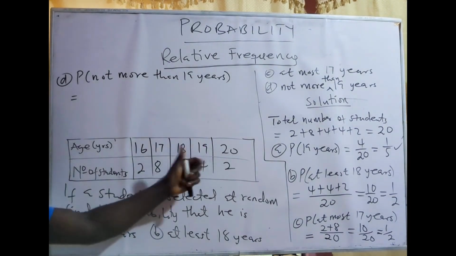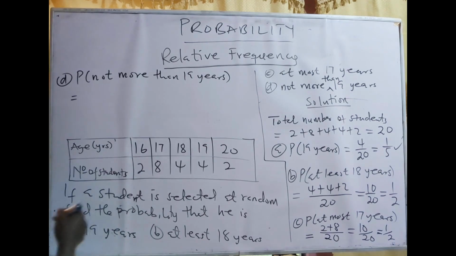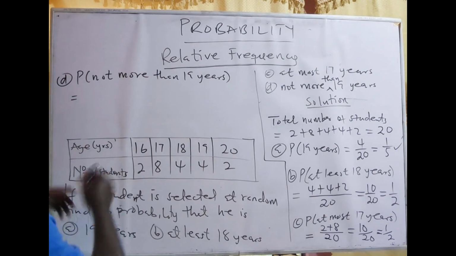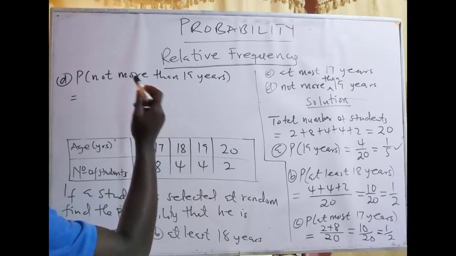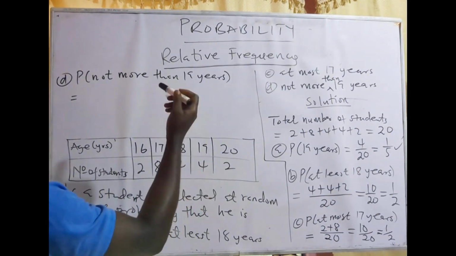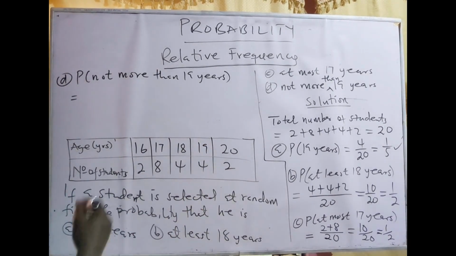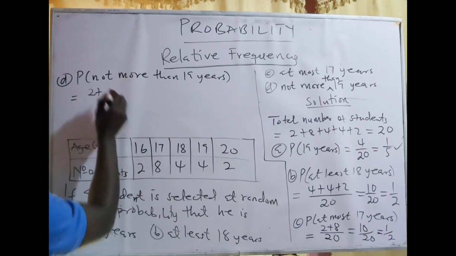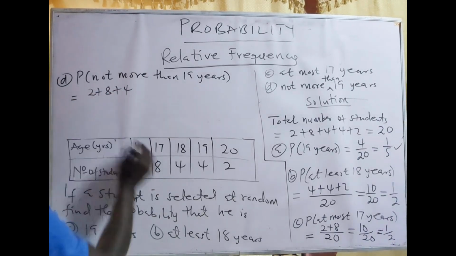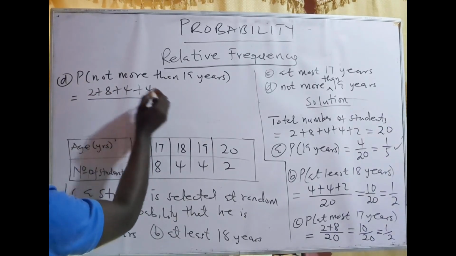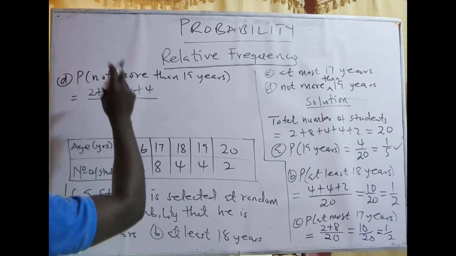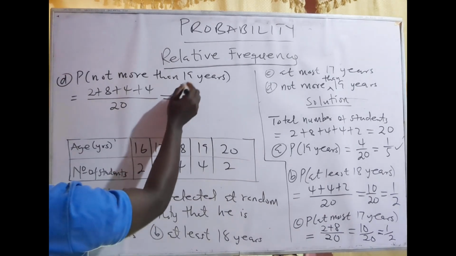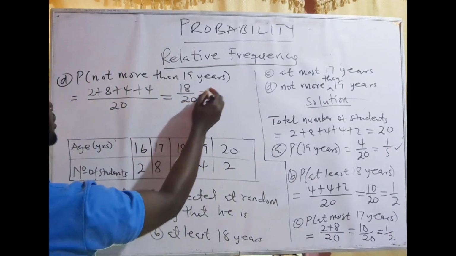It means 19 years or below; they shouldn't be more than 19. So 16 years is not more than 19, 17 is not more than 19, 18 is not more than 19, and 19 itself is also not more than itself. So you add the number of students, that is 2 plus 8 plus 4 plus 4. 2 plus 8 is 10, plus 4 is 14, plus 4 is 18, over the total frequency, which is 20. So we have 18 over 20.